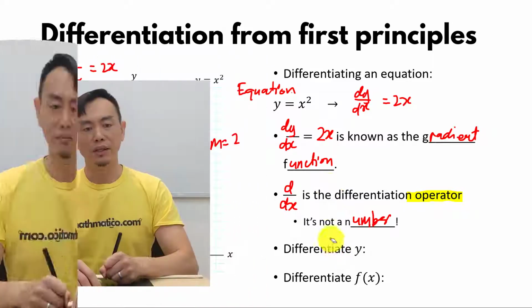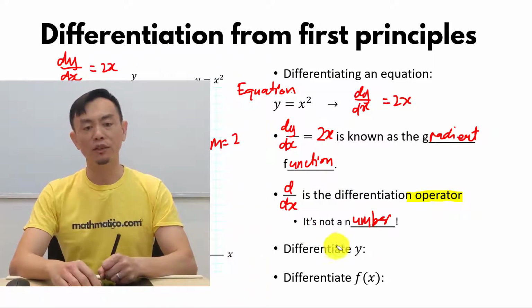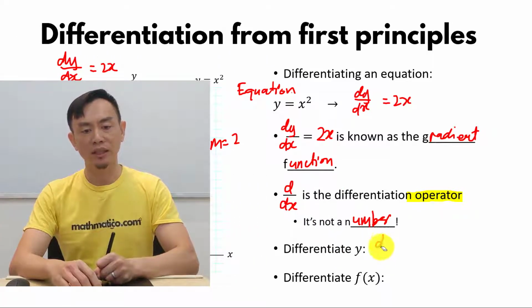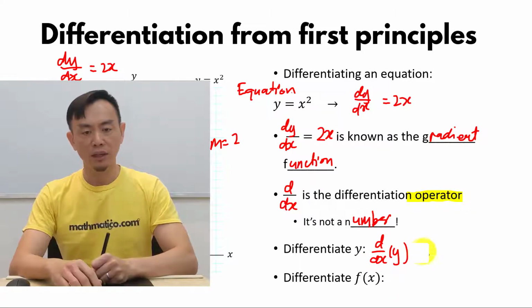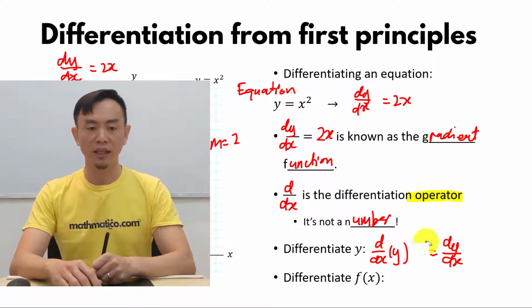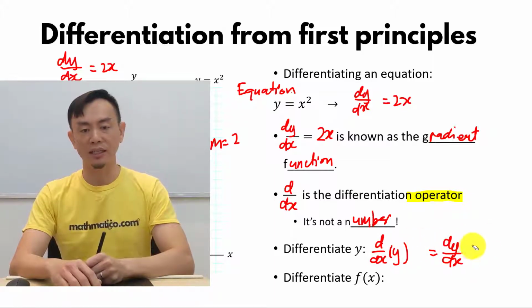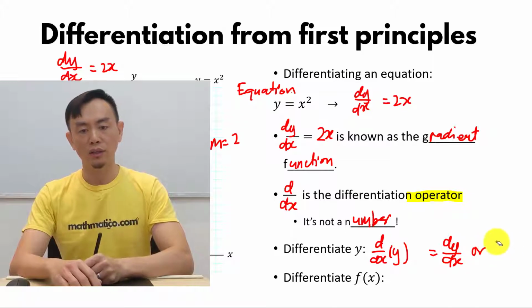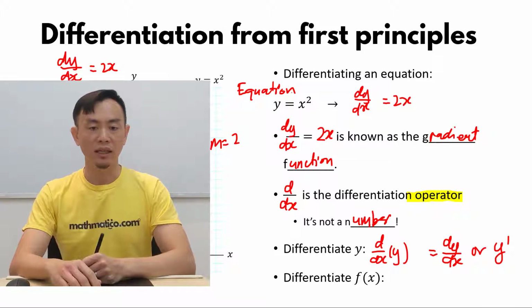Alright, so a bit of notation here. If you differentiate y, that means you d dx the y, that will give us dy by dx. This is notation. If you differentiate the y, you get dy dx. Or if you d dx the y, sometimes in some schools it is written as y prime.